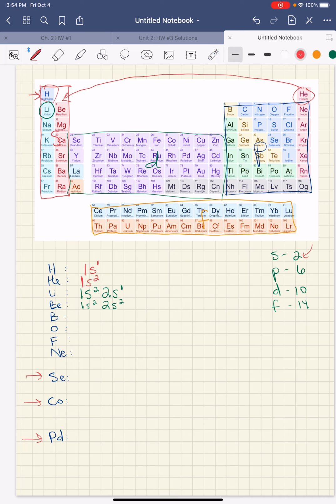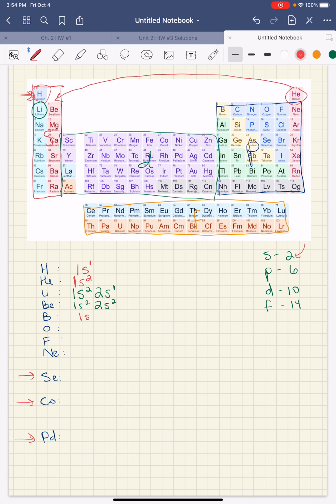So continuing on, we start over at the beginning with boron. 1s2. I'm going to completely fill the 1s shell, and I'm going to fill the 2s shell. 2s2. And in boron, we have 1 additional electron, so now we're in 2p, and there's only 1 electron there.